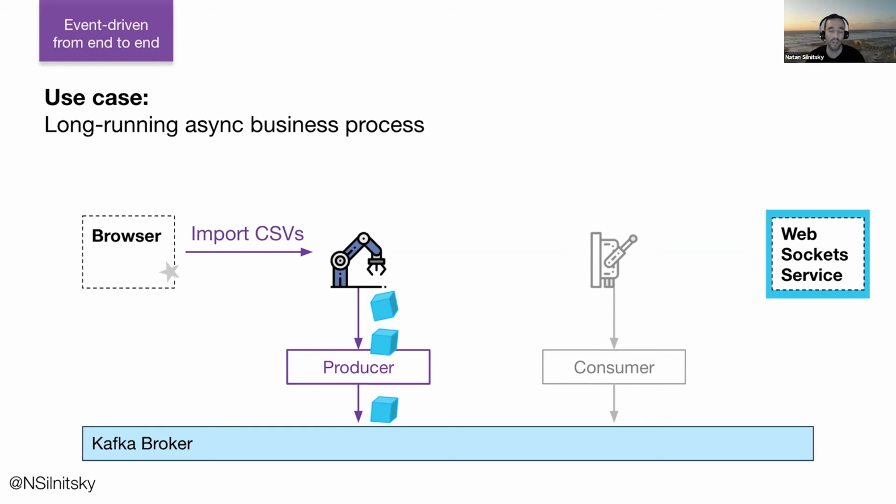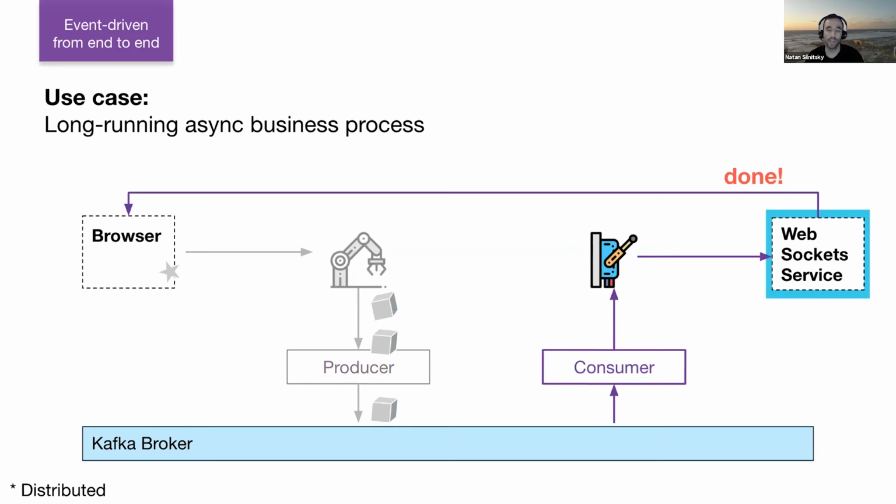It will split this request into specific chunks of data and produce these commands to Kafka, including the channel ID. Then the actual importer services can consume these events and start the importing process, and they also get the channel ID where they need to return notifications.